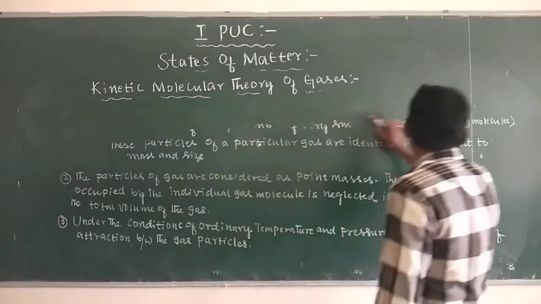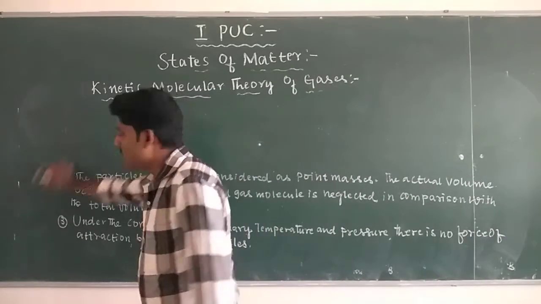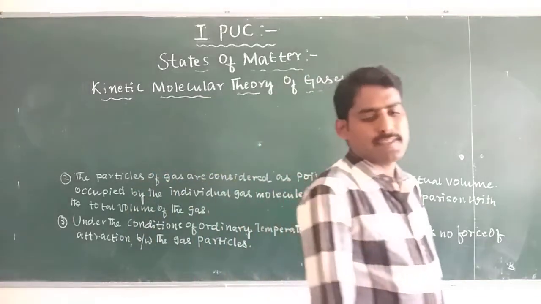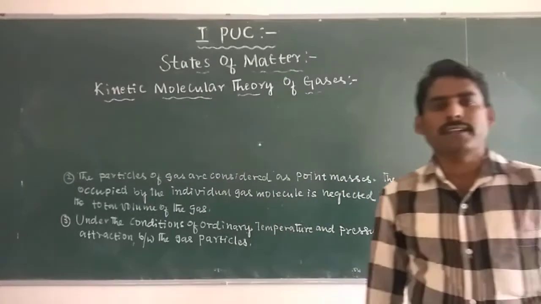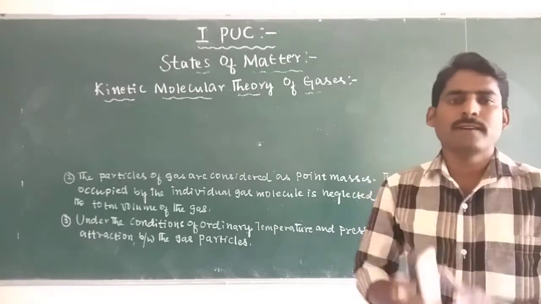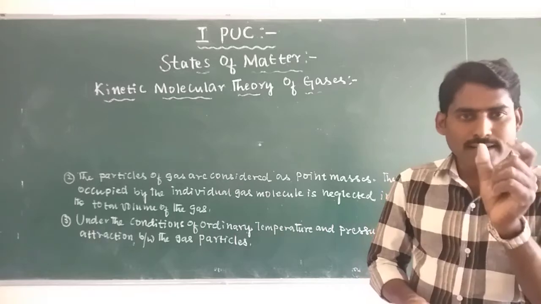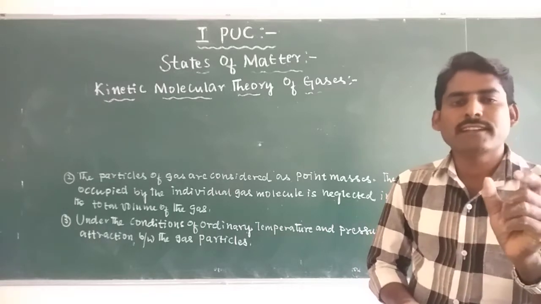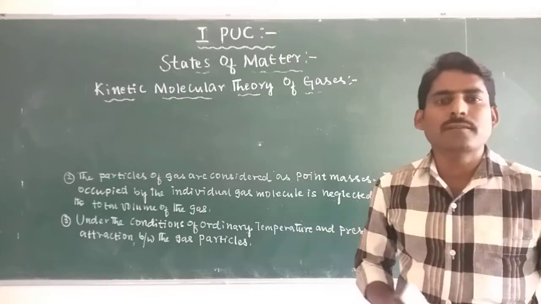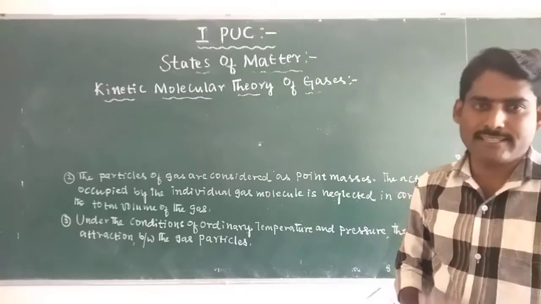Okay, next, the fourth assumption of the kinetic molecular theory of gas is, gas molecules are in a state of constant random motion. Gas particles are in a state of constant random motion in all the possible directions, in straight lines.